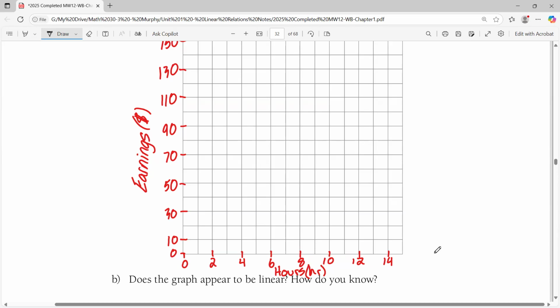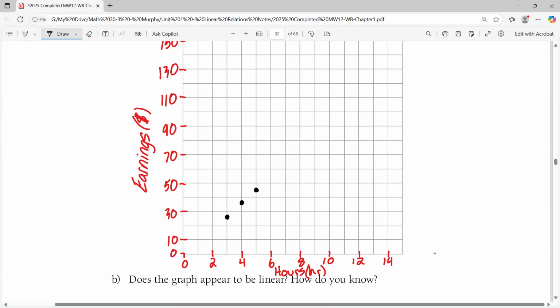So at 3 hours, $27. So if that's 20, right about there, about 27. 4 hours and 36. You're right about there. 5 and 45. Okay, so that's 45.